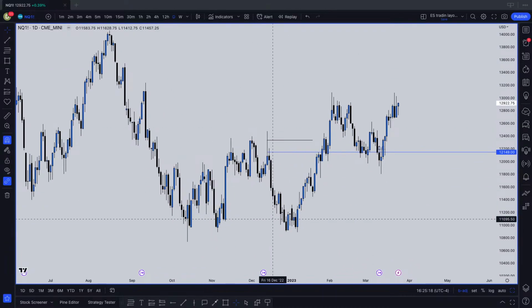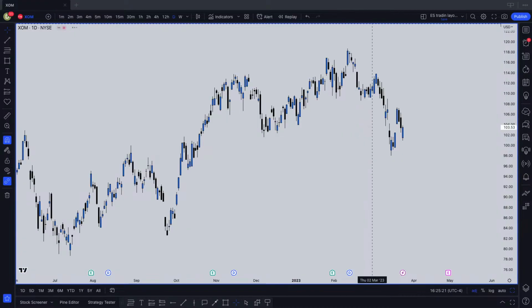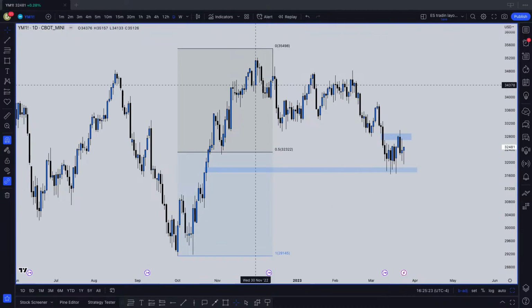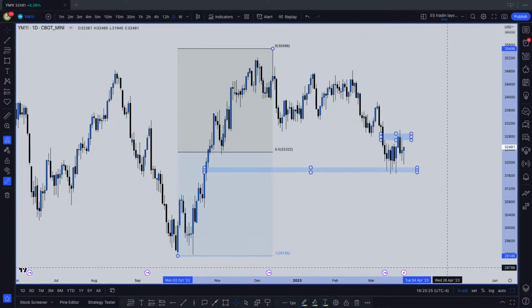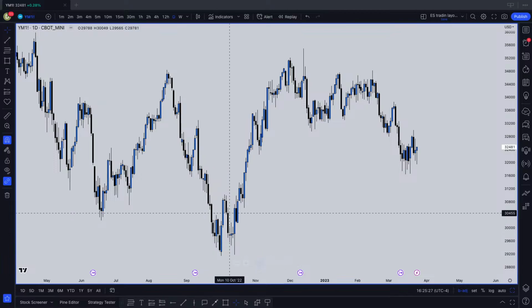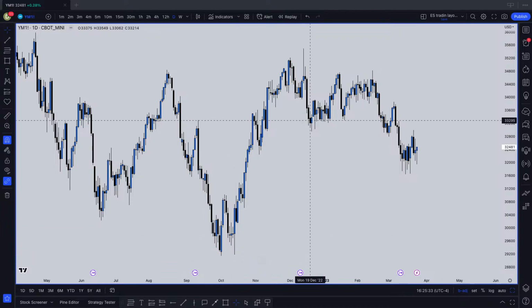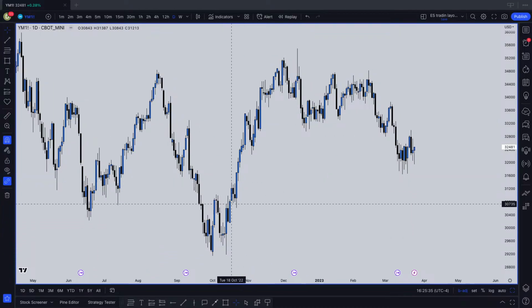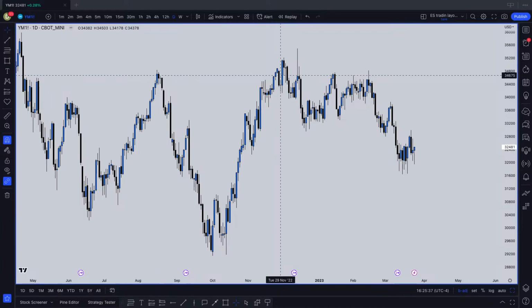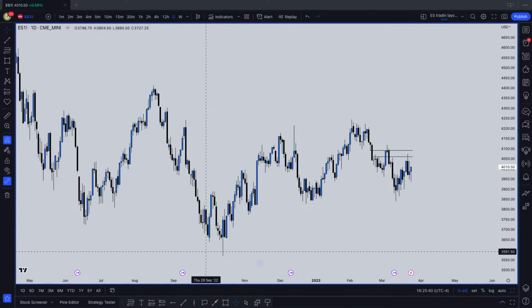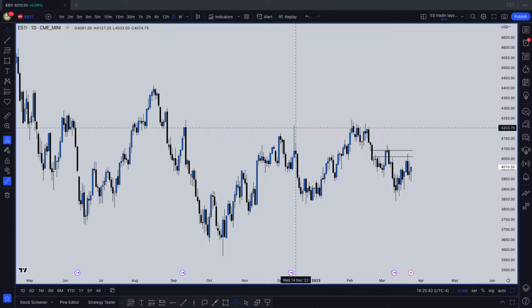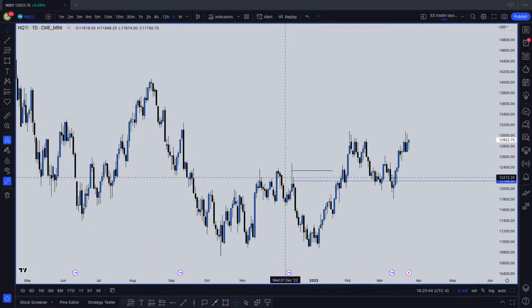So if we look here, when the Dow rallied higher, Dow right here, we see here that the Dow actually was much more bullish, and we could have determined this with the SMT here. The Dow actually failed to make a lower low while the other indexes did, but the Dow was much more bullish in the fall months. And then when we compare that to the ES, it was much less bullish. And then the NASDAQ was even less.